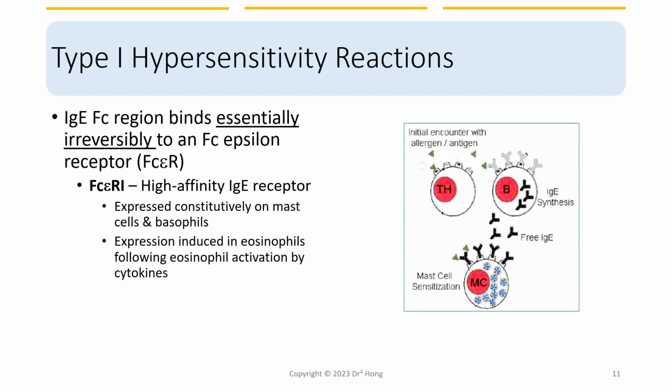These receptors are expressed constitutively on mast cells and basophils, meaning they are always there, and are inducible on eosinophils. It is very unique that this type of IgE and receptor binding stays essentially irreversibly bound to the effector cell surface, which is not a feature shared by other antibody types.